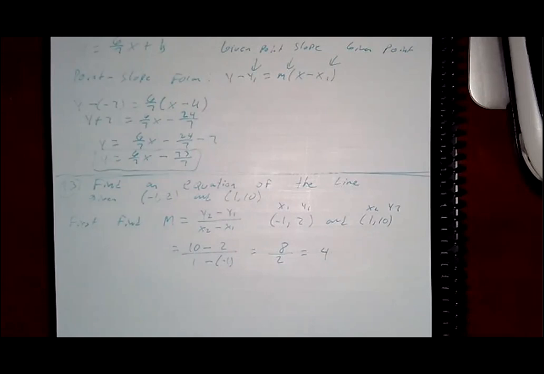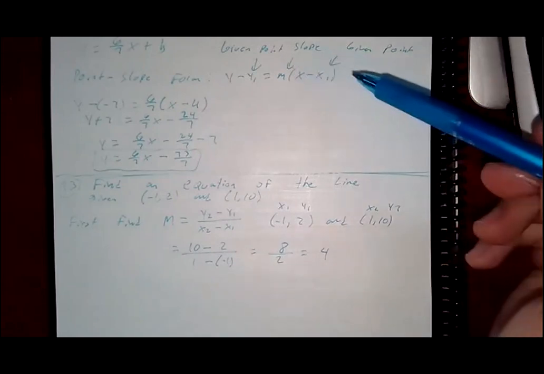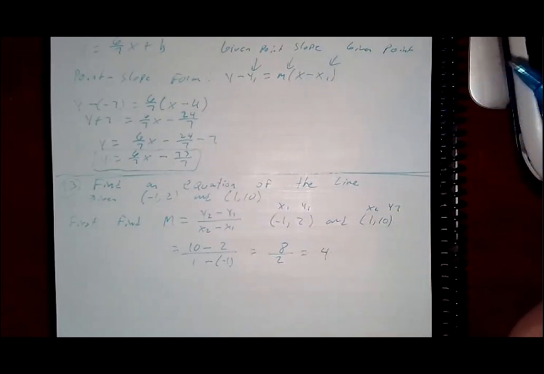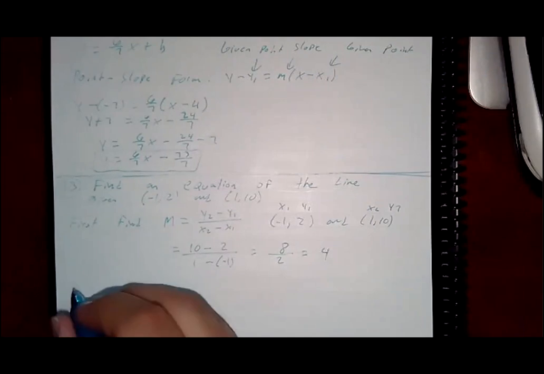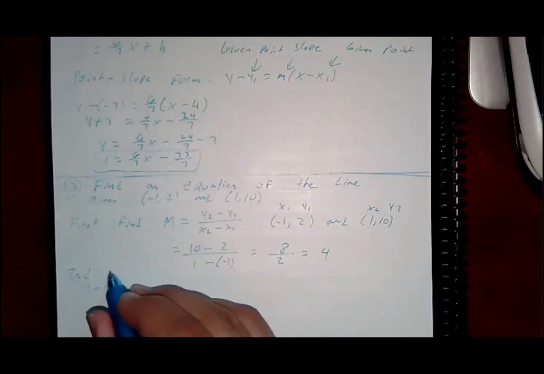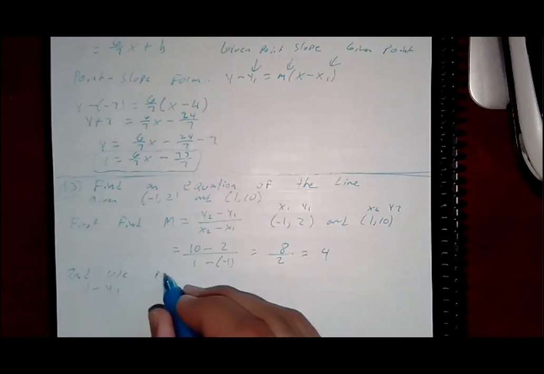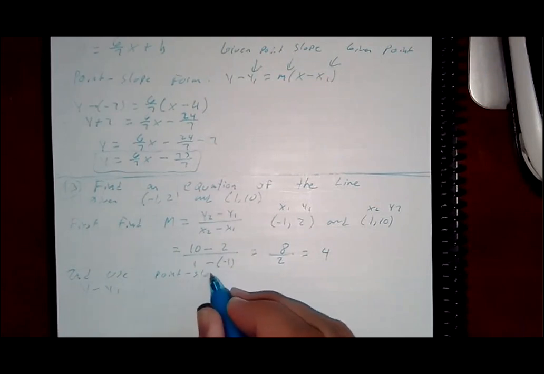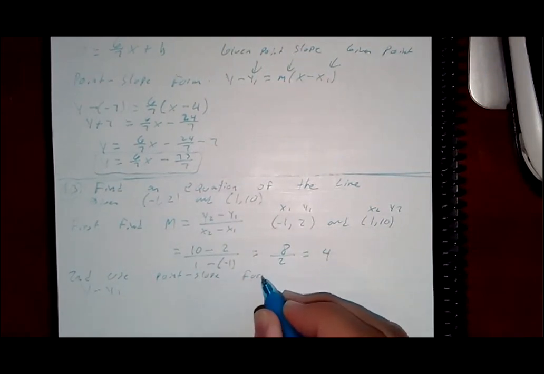So now that I have the slope, I can use point slope form, or I can just do the other one. Doesn't matter. I'm going to do point slope again. Second, use the point slope formula.